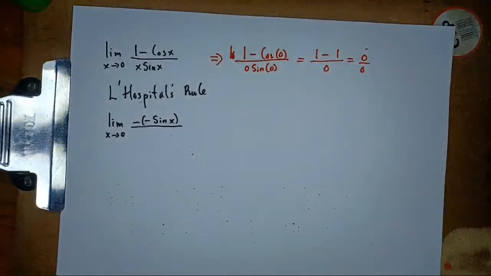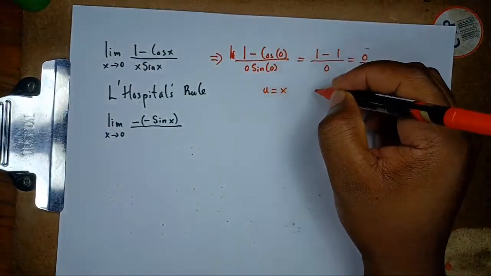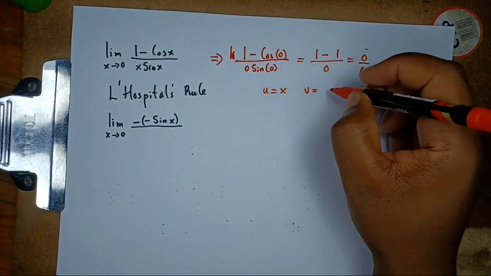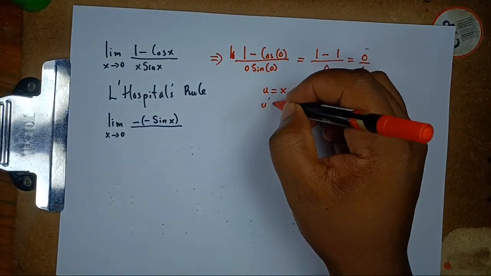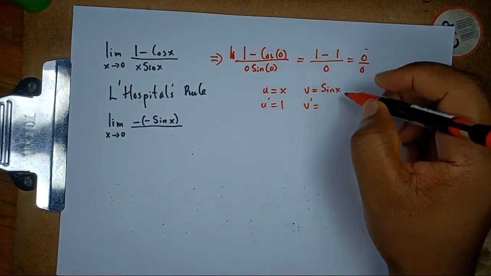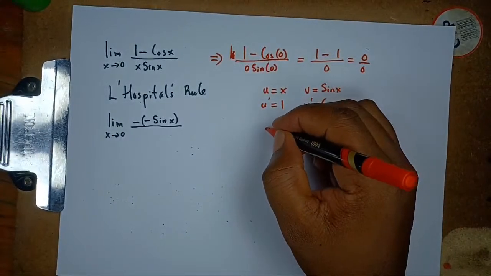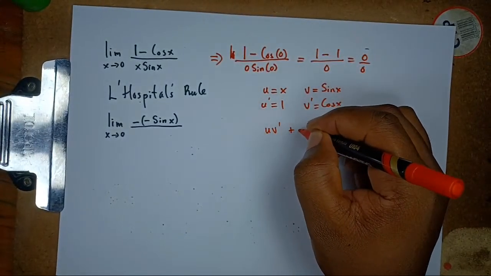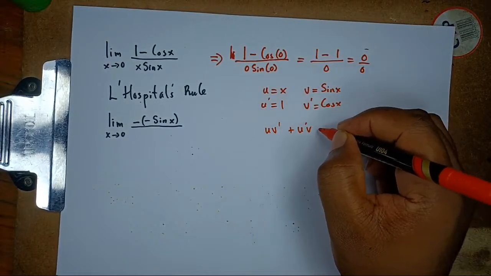Now, these two functions are multiplied, so we have to use the product rule. Our first function is u, which is x. Our second function is v, which is sine x. Differentiate the two: u prime is 1, v prime, the derivative of sine, is cos. The formula is u v prime plus u prime v.